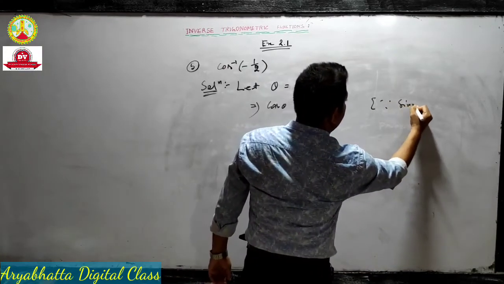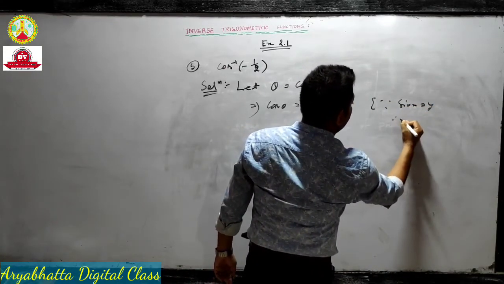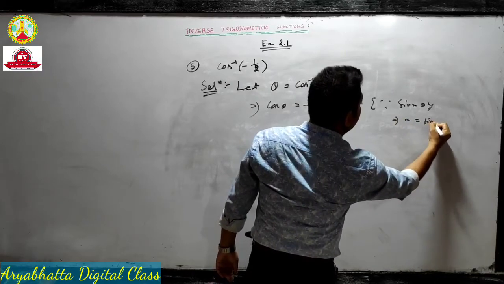Since cos theta equal to minus 1 by 2, then theta equal to cos inverse of minus 1 by 2.